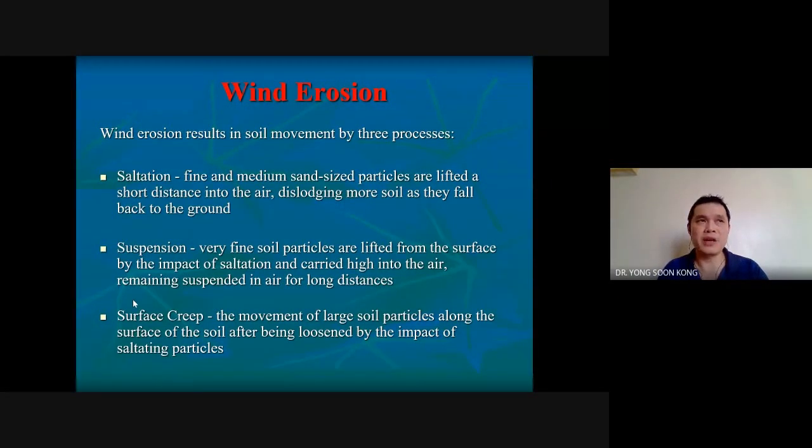So wind erosion happens when wind carries soil particles and they rub against other soil particles, and that causes the erosion. So you see, that is the main difference. And these three terms look so similar, but the difference is they don't contain any movement of water.